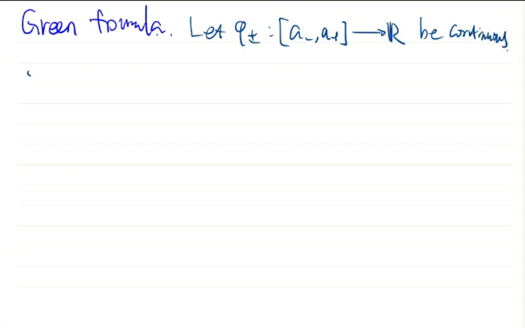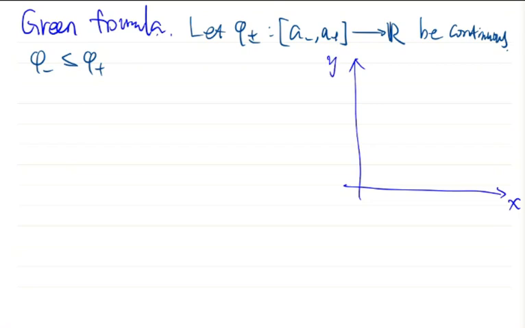functions. Then we can define that if this function satisfies the condition that phi minus is always no greater than phi plus, that is, this is the x-axis, this is y, so this is our interval a minus, a plus. We have two functions, one is always less than or equal to the other.